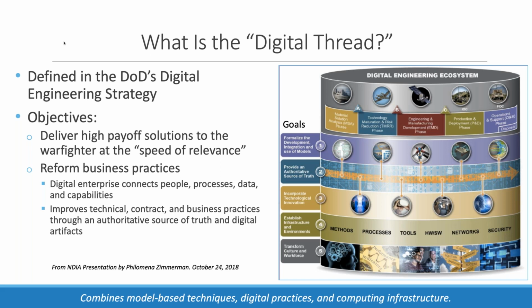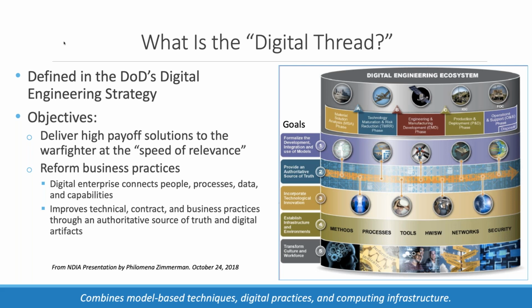So, some of the enabling technologies: first of all, we have to recognize that an enterprise is people, processes, data, capabilities, all those things together. It's not just one aspect of them. We're going to have to make sure that we can create what they're calling this authoritative source of truth.